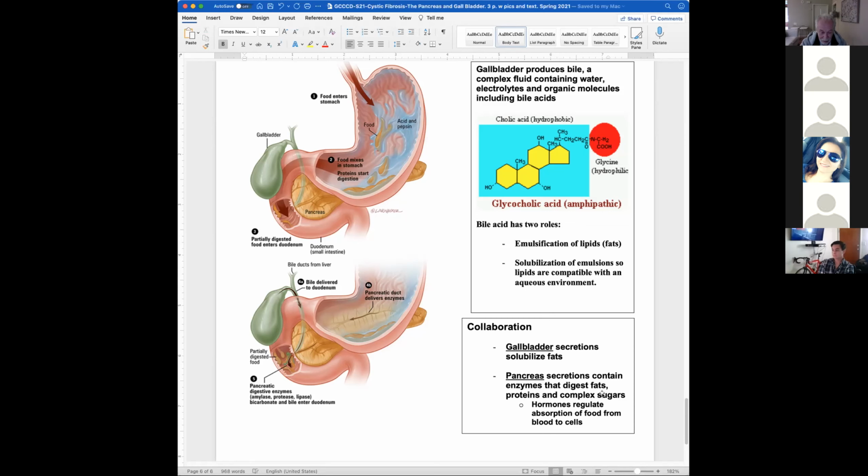So all the different polymers that are in the food we eat can be digested by pancreatic enzymes. But fats would not be accessible because they're insoluble in water. And what the gallbladder does is make them soluble, makes them accessible to the digestive enzymes.